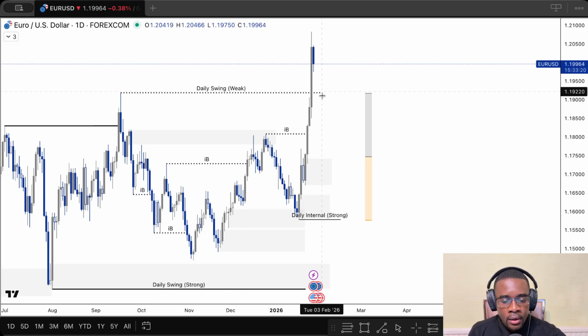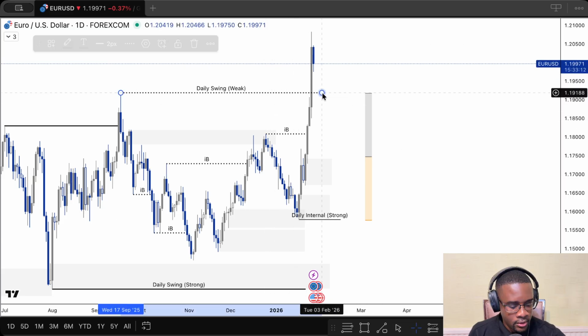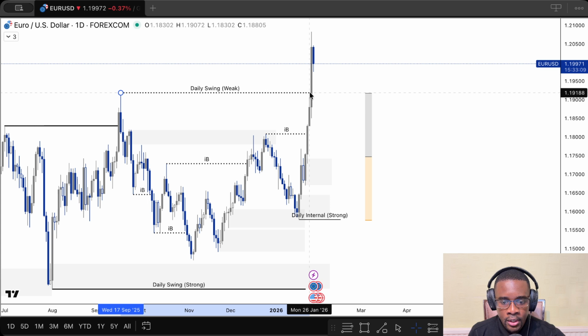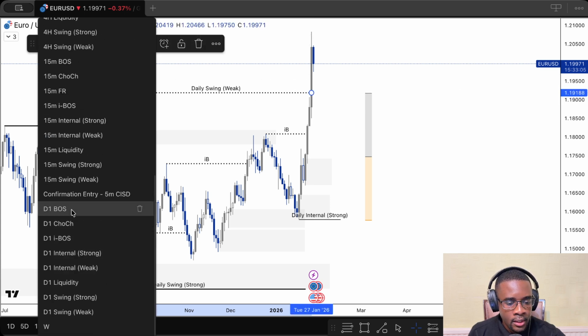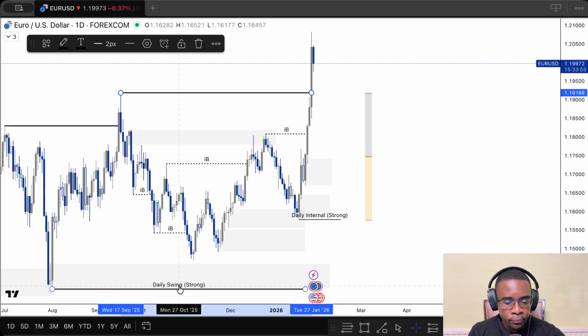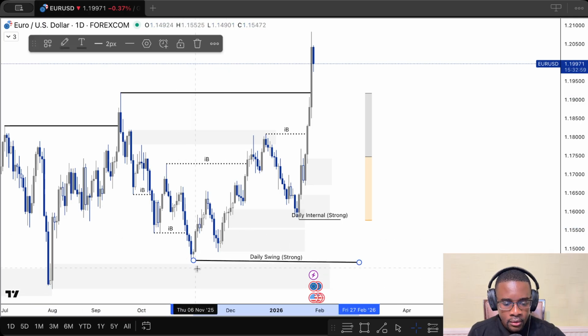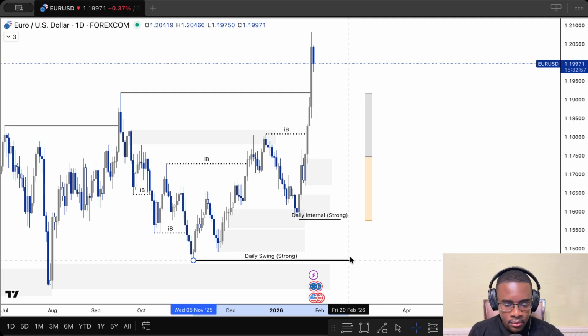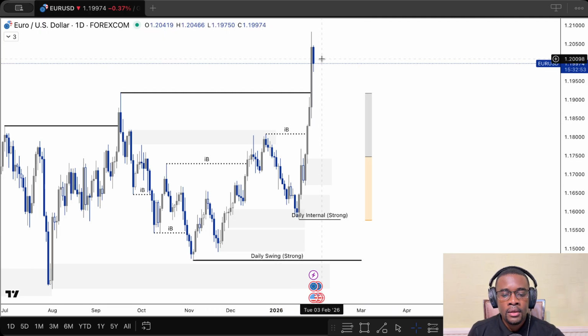So now we have a new swing range. What that is: we have broken structure to the upside right there, so that is our daily break of structure, and now our strong low is that one, which is the lowest low that resulted in that break of structure.